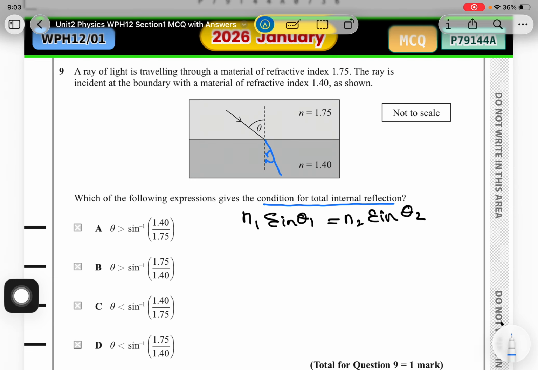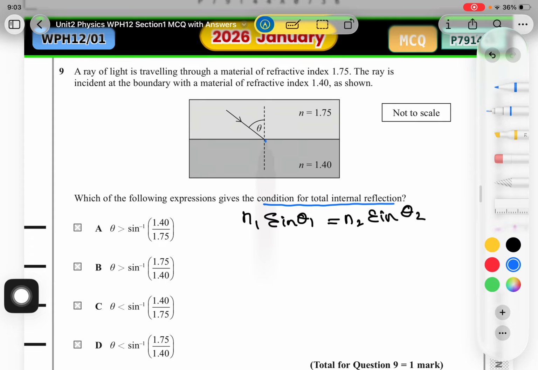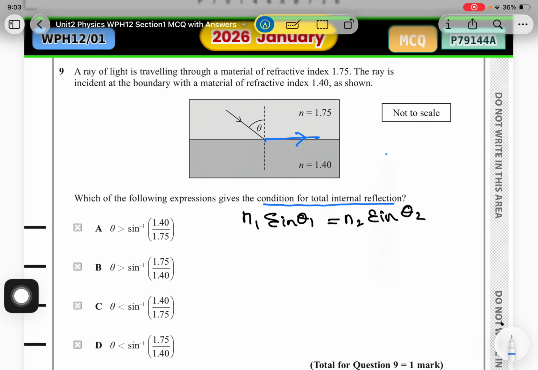If it is total internal reflection, now this is not how it will go. It will go like this, more than that. So this is the critical angle. To become total internal reflection, it has to be more than the critical angle. So the requirement is theta being greater than the critical angle.